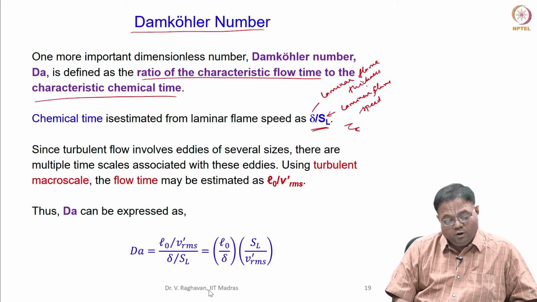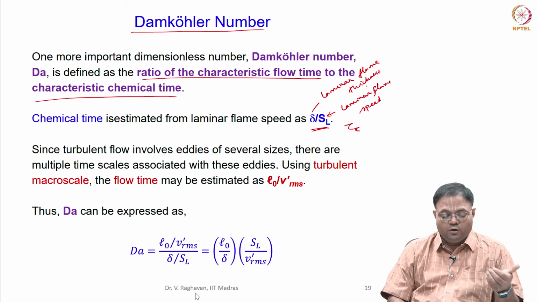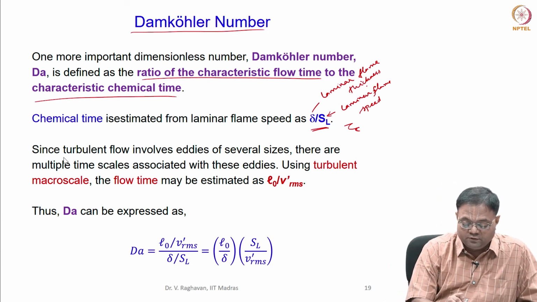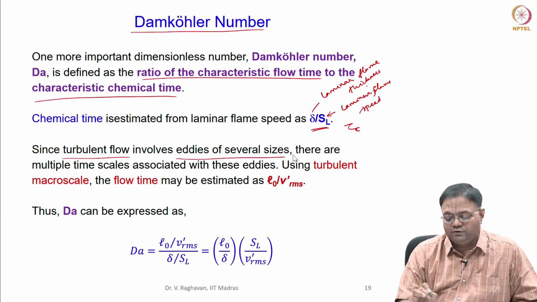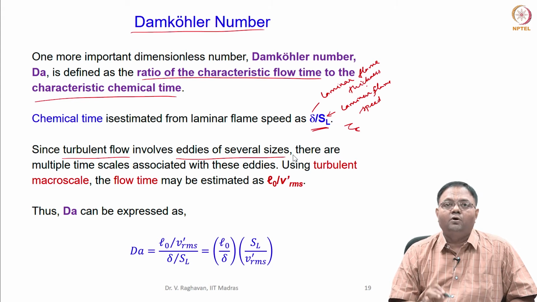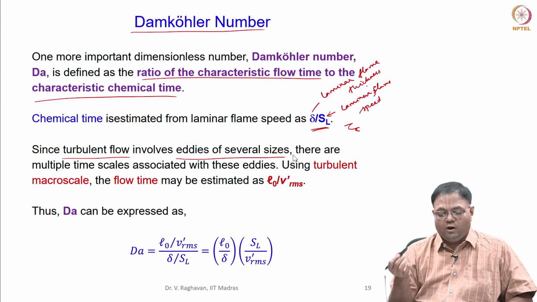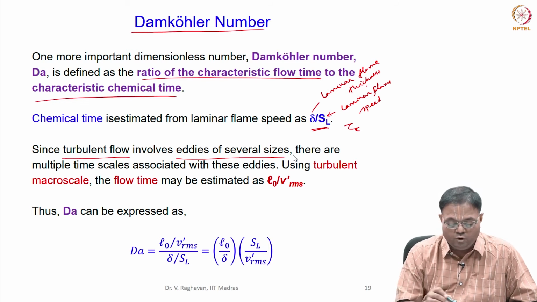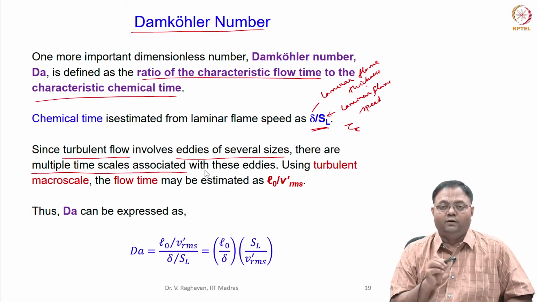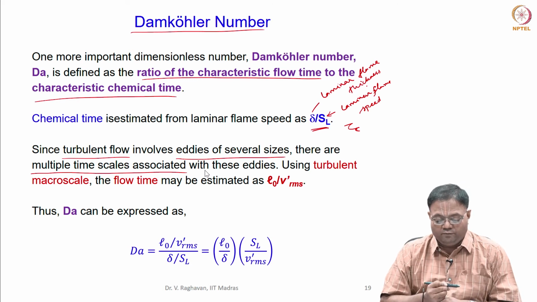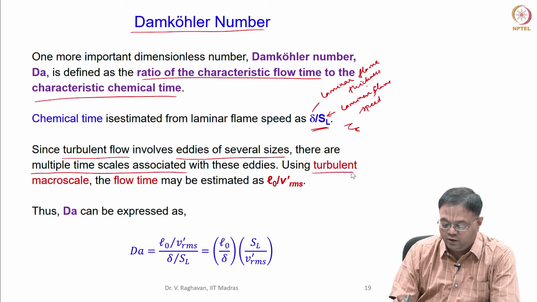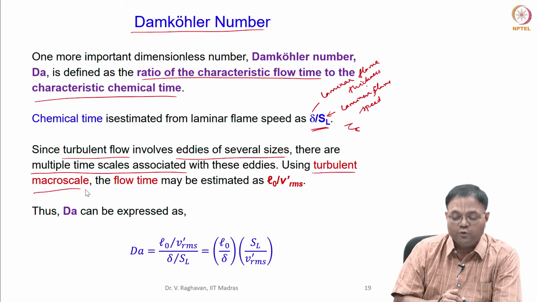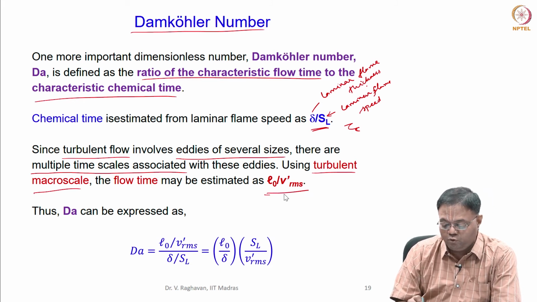Now, how will you calculate the flow time? Since turbulent flow involves eddies of several sizes, based upon one length scale you will have one characteristic flow time, so multiple time scales are associated. So let us use the turbulent macro scale, the integral scale, to calculate the flow time, and the velocity will be the RMS value.